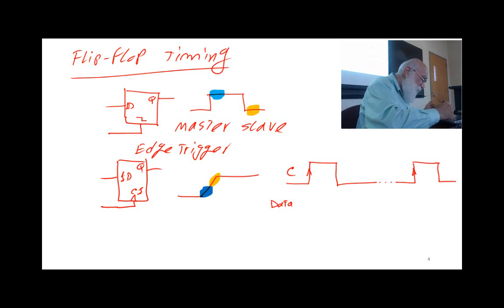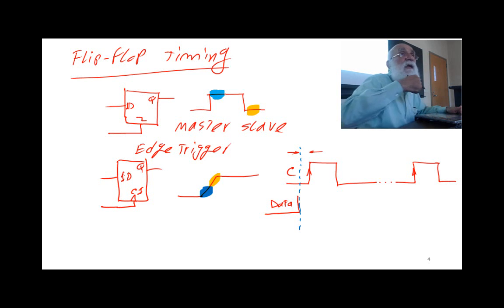What it means is, just before this, kind of like this, my data, if it wants to change, fine, it can change, but it cannot change in this region here.